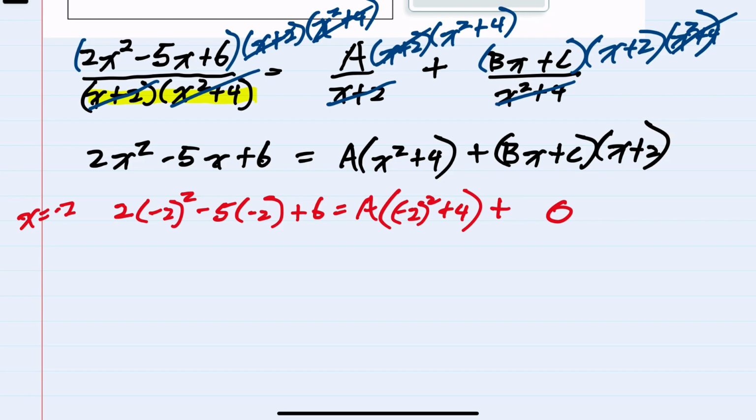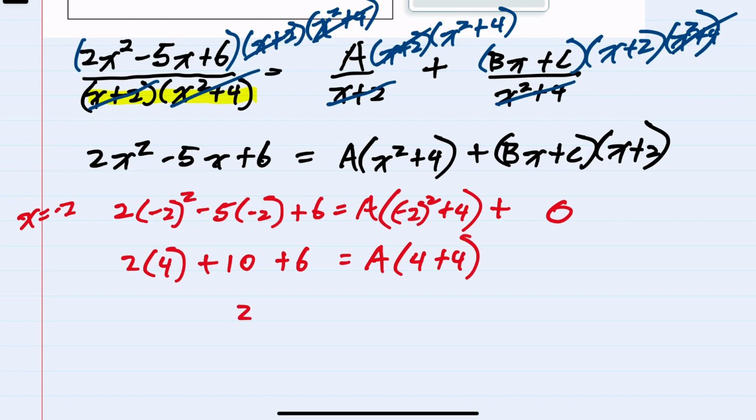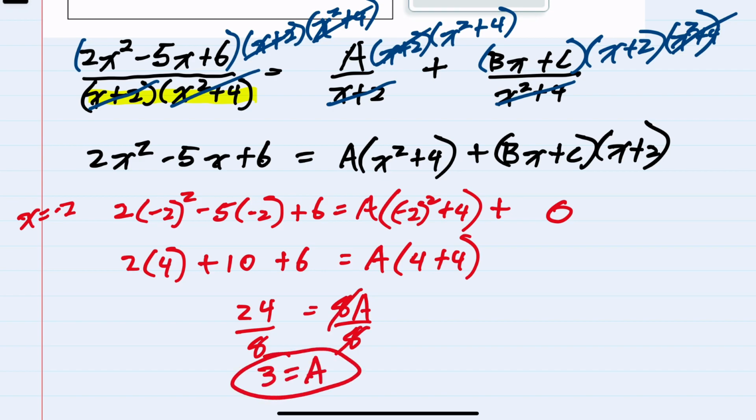Continuing to simplify, on the left, 2 times -2 squared is 8, plus 10, plus 6 equals a times -2 squared, which is 4, plus 4. The left-hand side gives us 24 equals 8a. So a is 3.